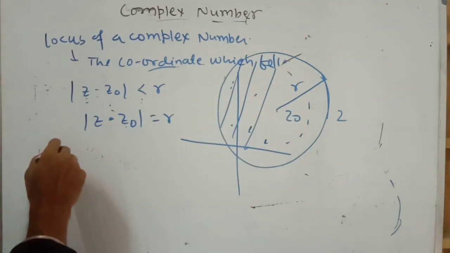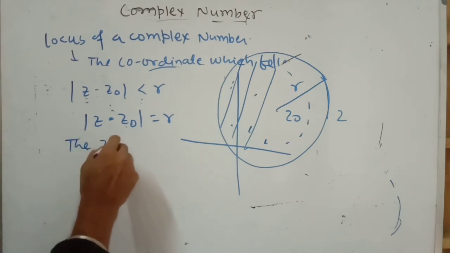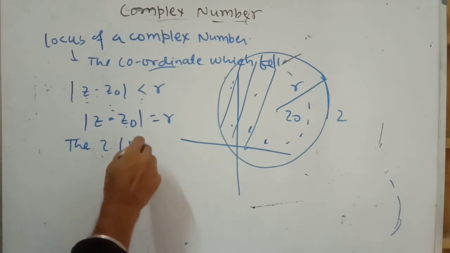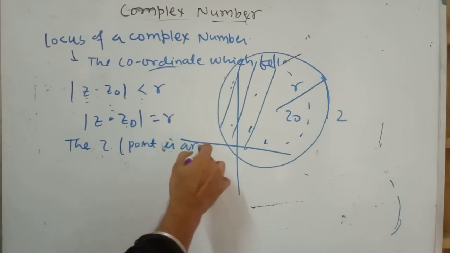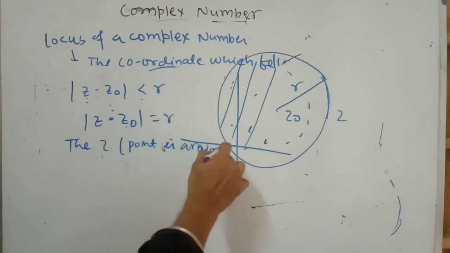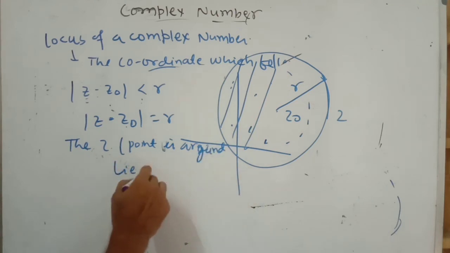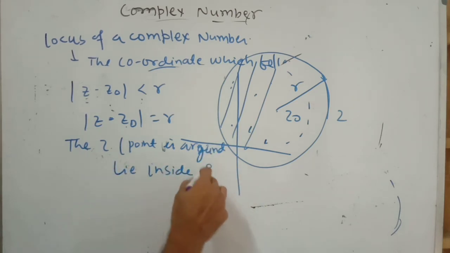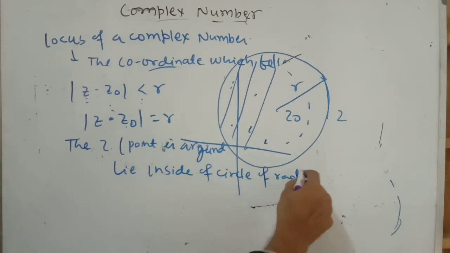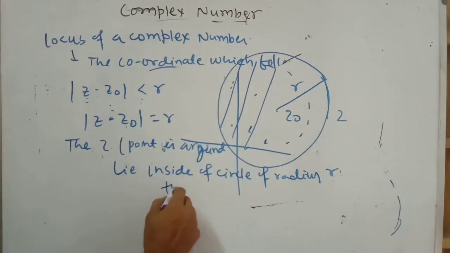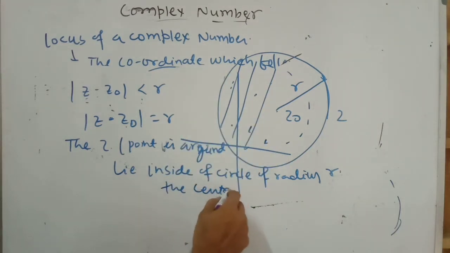That means you can write that the complex number z, a point in the Argand plane, lies inside the circle of radius r and center z₀.